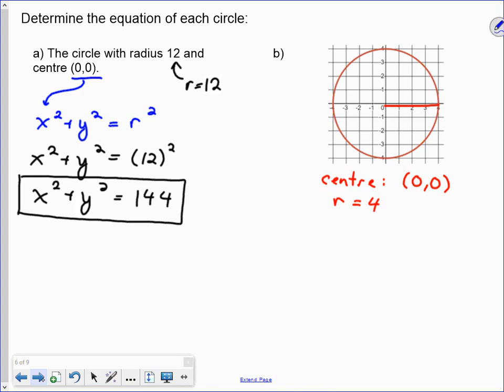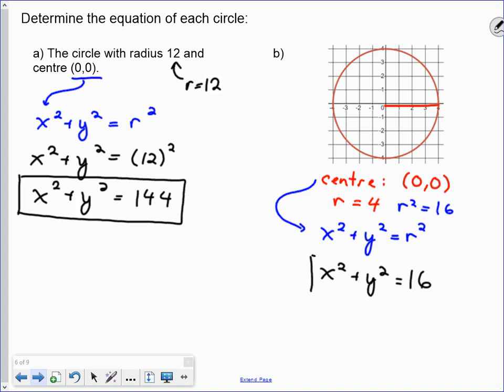If our center is at (0, 0), we know the general form of our equation is x squared plus y squared equals r squared. Let's just sub in our value for r. Well, we know that r squared is going to be 16. So our equation is going to be x squared plus y squared equals 16.